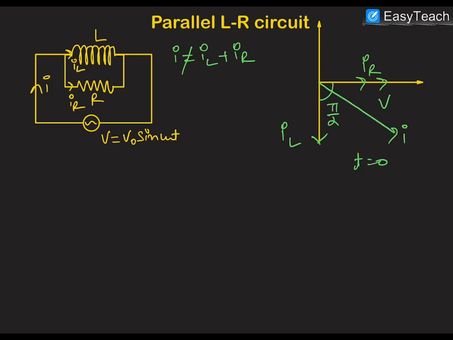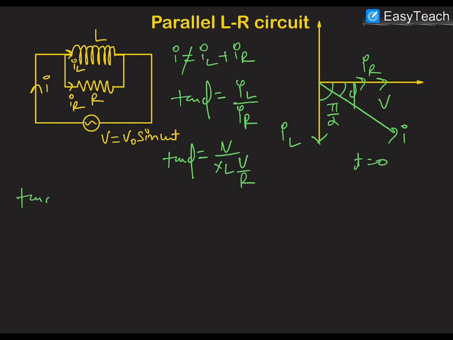This is the phase of the net current with the voltage or with the x-axis, and we can say that tan phi will be equal to IL by IR, and tan phi will be equal to V upon XL and V upon R. So tan phi will be equal to R upon XL.